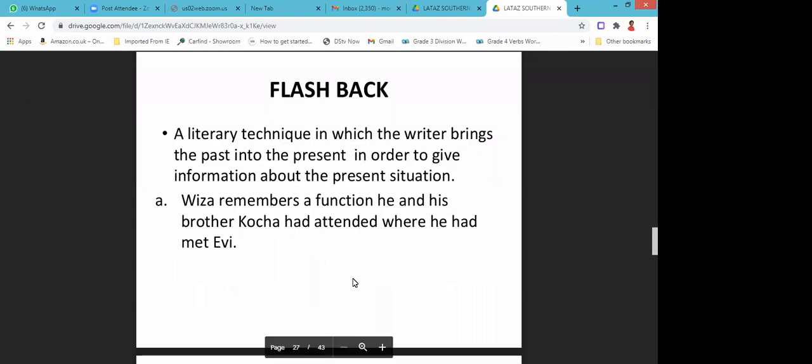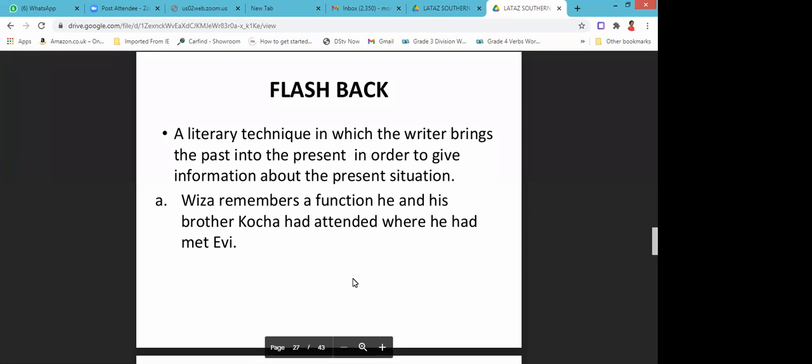From proverbs, we have another technique, which is called a flashback. In a flashback, the writer brings something from the past into the present, usually information, in order for the reader to understand the present situation.